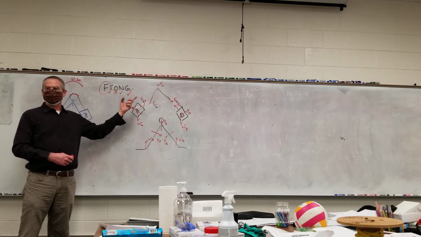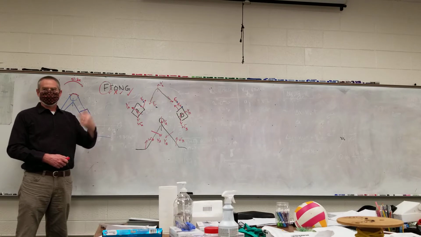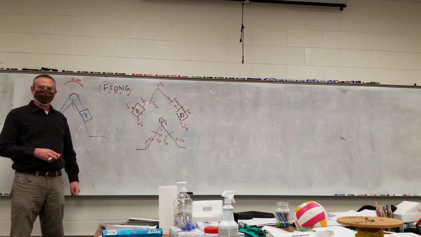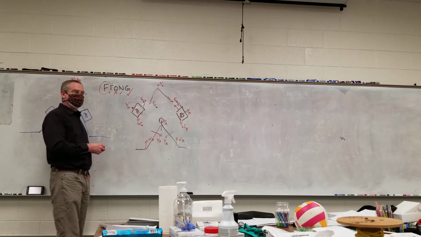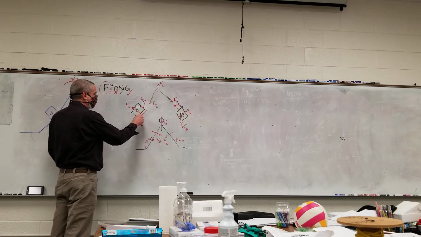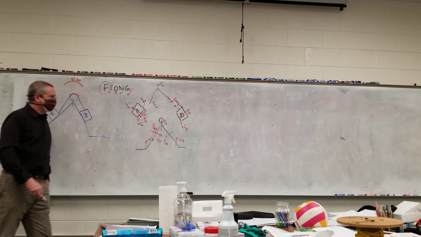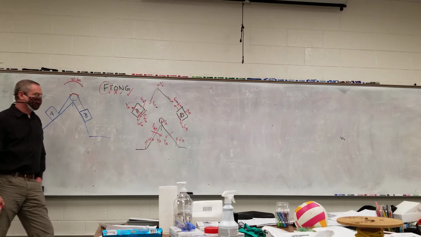Friction hates sliding. It wants to oppose it. Yep, it's going to be going down. Friction is trying to stop whatever it thinks that object's doing. So, yes, because friction is sentient. So friction is acting this way on A and then up the ramp on B. Oh, wow.